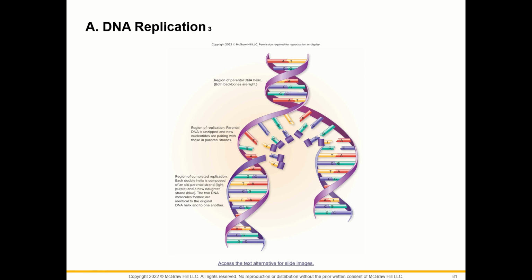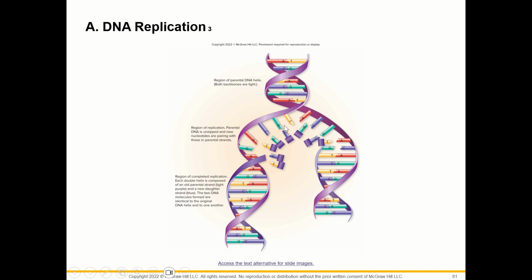And so here, figure 3.22, another big figure that takes up a good half of the page or more, and it shows the replication of DNA. So each new double helix is composed of one old and one new strand. The base sequence of each of the new molecules is identical to that of the parent DNA because of its complementary base pairing. And so we see the region of the parental DNA helix, both backbones are light colored.